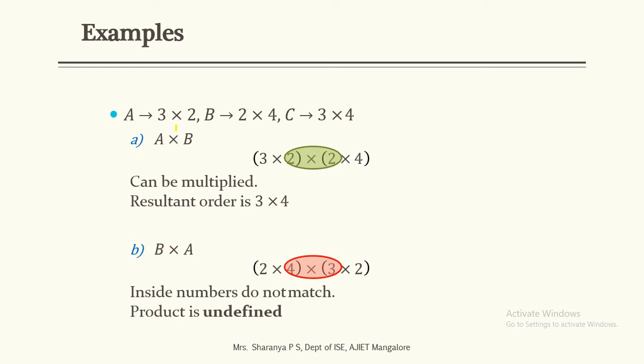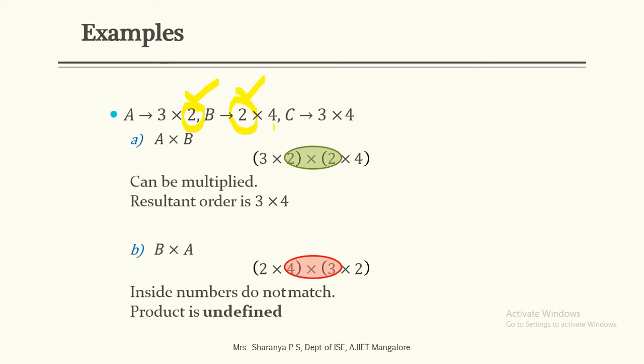What is the condition we need to check? The number of columns of the first matrix should match the number of rows of the second matrix. Here, A has 2 columns and B has 2 rows. So, 2 is equal to 2. It is possible to perform matrix multiplication between A and B.